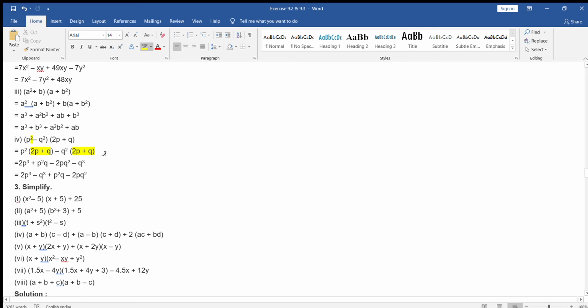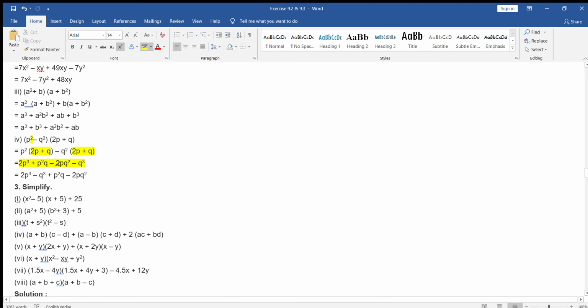Now check the power of p. Here p is 2 and plus 1. In the answer we get power 3: p to the power 2 and q, so p square q, and q to the power 2 and p, so p q square. Just be careful, these two are not like terms. One is p square q, and this one is p q square.